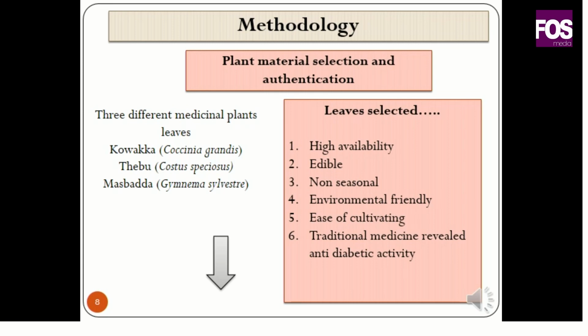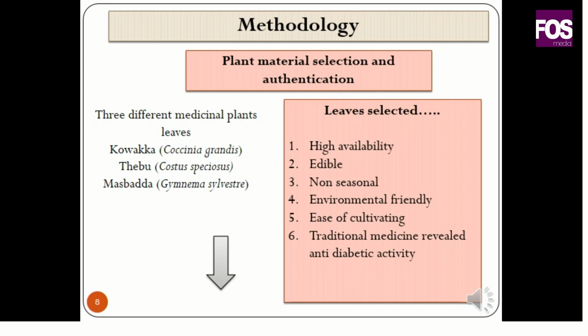Now I am going to explain my methodology. First, I selected the plant materials. 3 different medicinal plant leaves were selected, namely Kovakka, Thebu, and Mas Patha, and authenticated them at the National Herbarium Peradeniya.